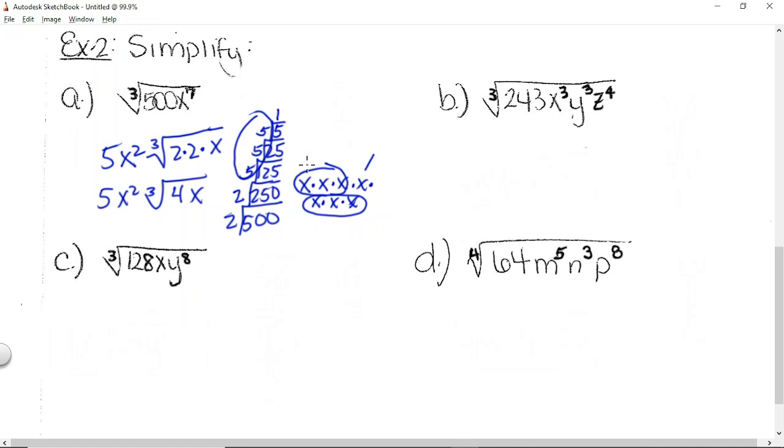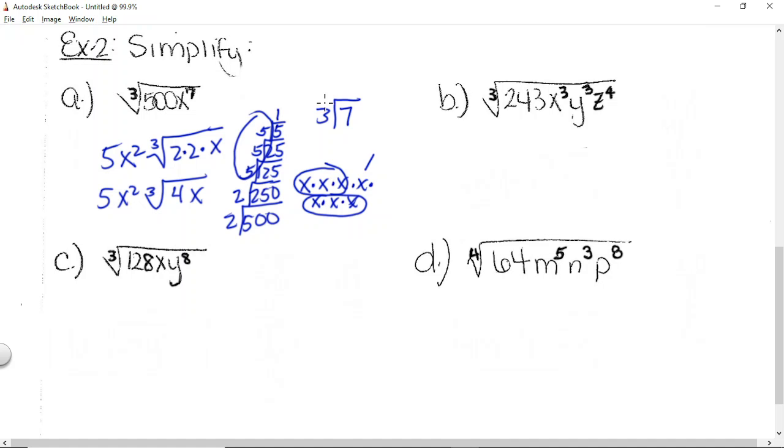Now, we might get a little bit more sophisticated with counting the groups of x's. We know it's x to the 7th power. So if we just take 7, we know there's going to be 7 x's multiplied. So we can just divide that by 3 because the groups that we're looking for are groups of 3.